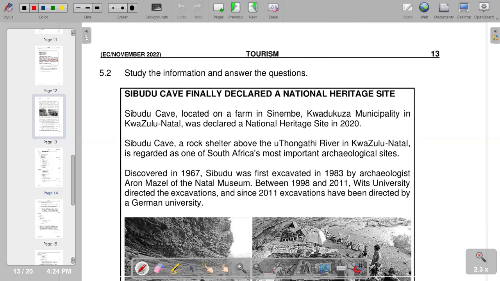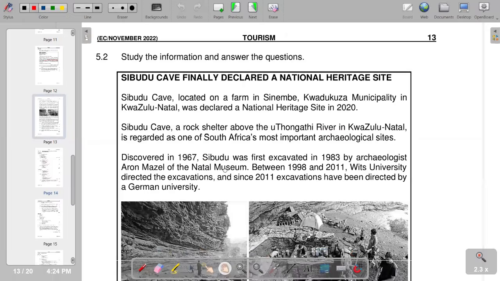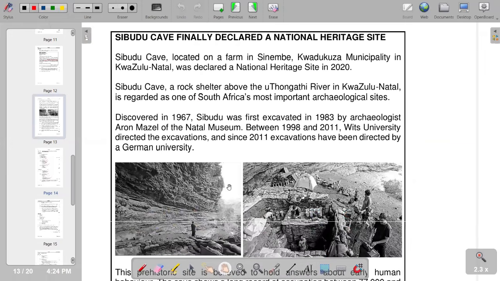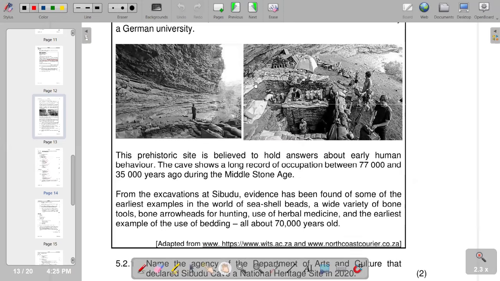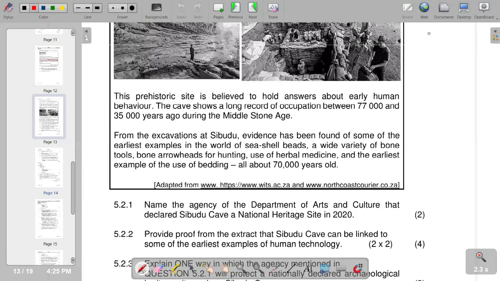So of course you need to go through the information given.